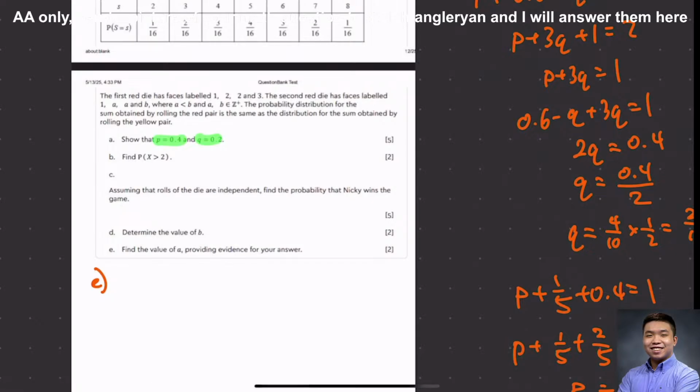For part E, I would think 1 plus 1 is 2. This 1 and this 1 is 2, and I only have one combination of it. That's good. Now, how to make 3? 1 plus 2 is 3, and then 1 plus 2 is 3. So this box is good as well.